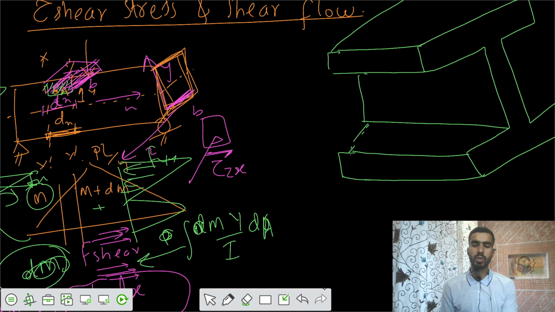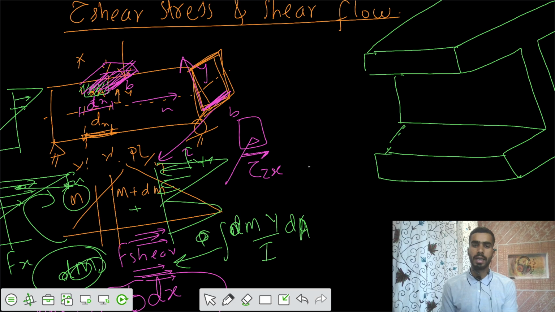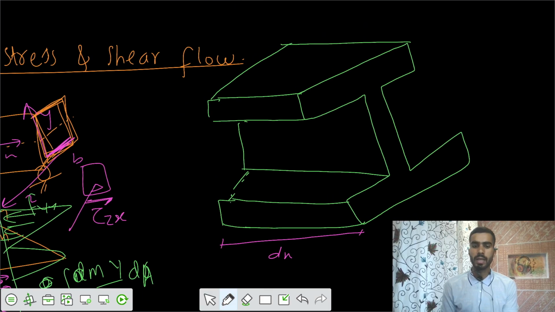If you show that on the dx element, let's say the point A was somewhere here along the cross section. Above that point A you have to resist some horizontal shear, and that would be resisted by the flanges. Let's call it tau zx.